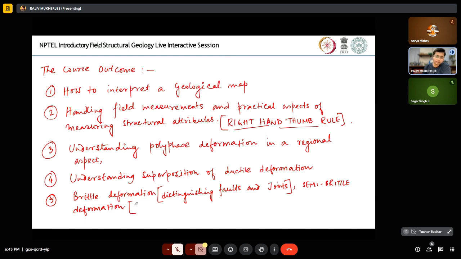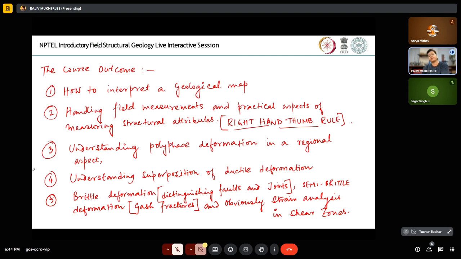If you remember, that was from the gash fractures. And obviously strain analysis in shear zone. So these are some takeaway points or learning points from this course, Introductory Field Structural Geology.